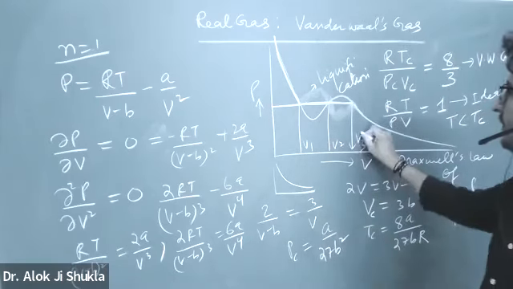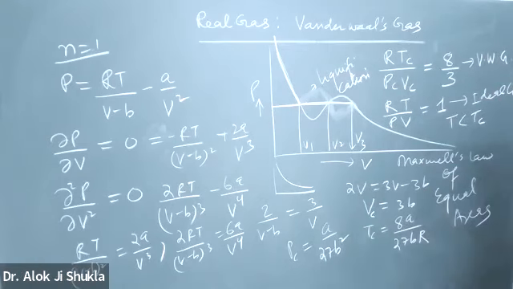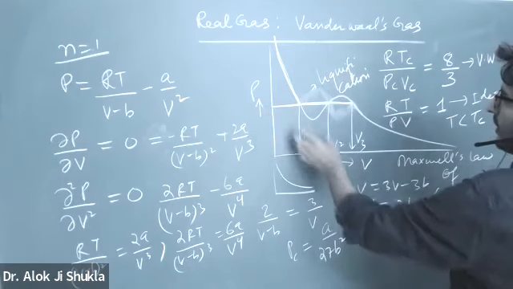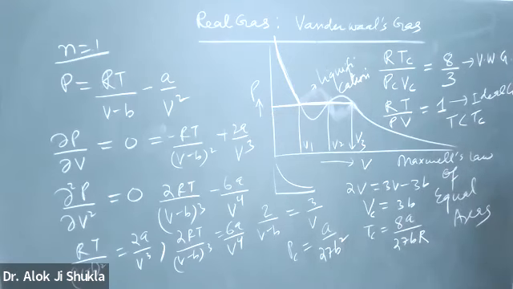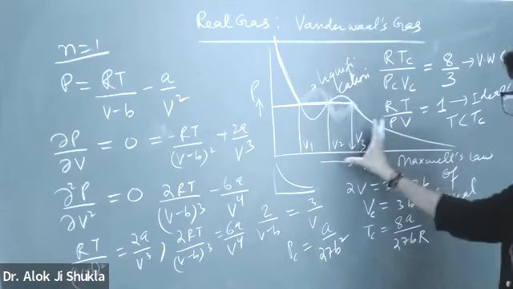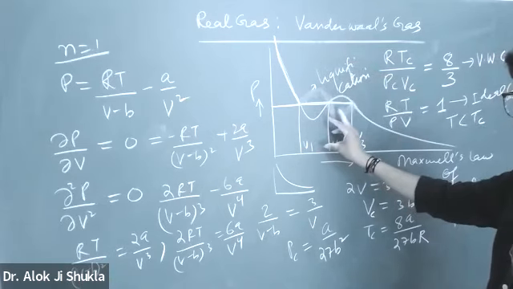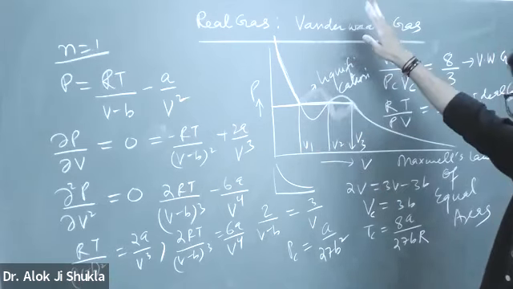See how mathematics and physics play together. So at a given pressure, you have 3 volumes. So when you increase the temperature, these 3 volumes become 1. And that gas becomes ideal gas.